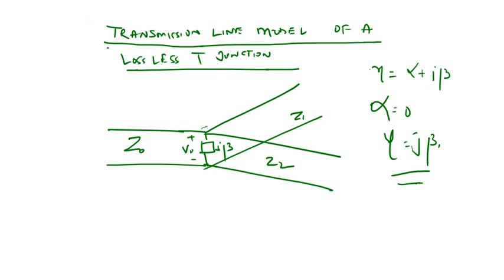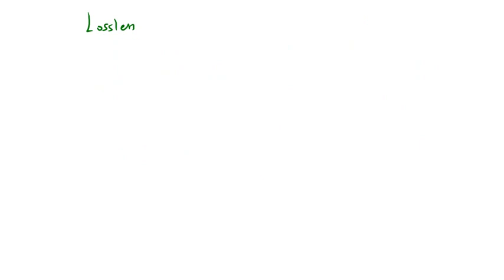Let us discuss the lossless divider. This is basically the lossless T junction, the lossless divider, because we have considered alpha as 0, so gamma will become j beta only.